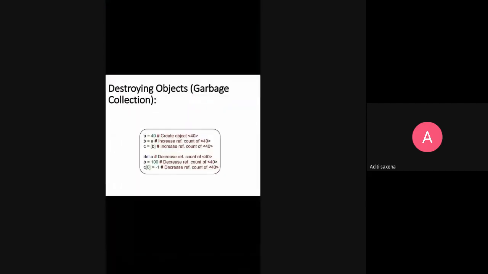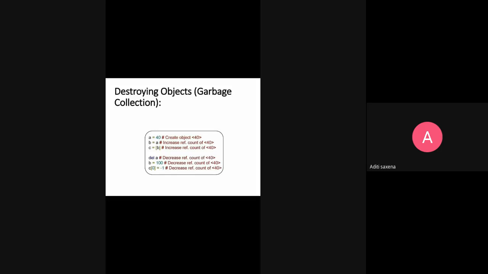Okay. Now destroying objects. If I have created an object a that is 40, it is a variable; objects are similar. For creating a variable we use data types, but here we are using the class.